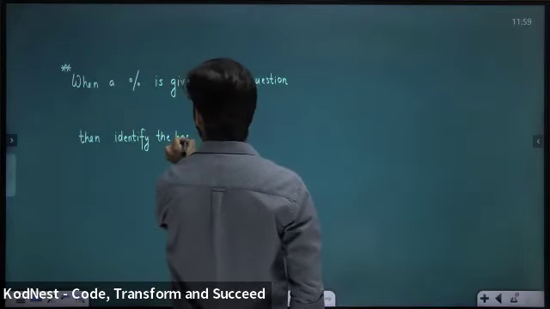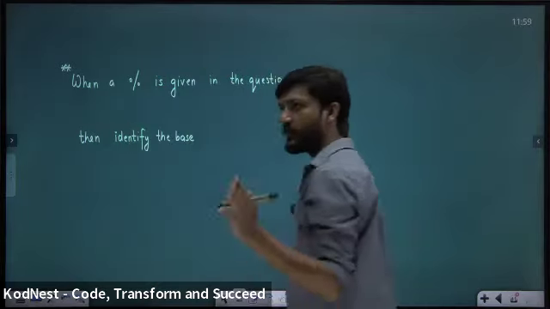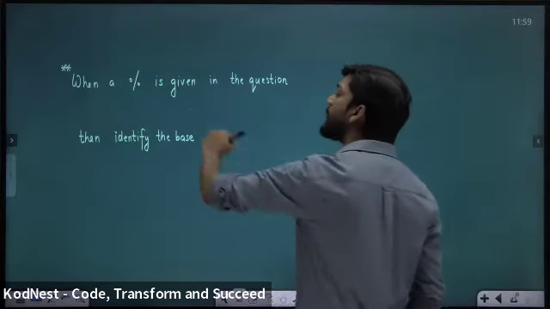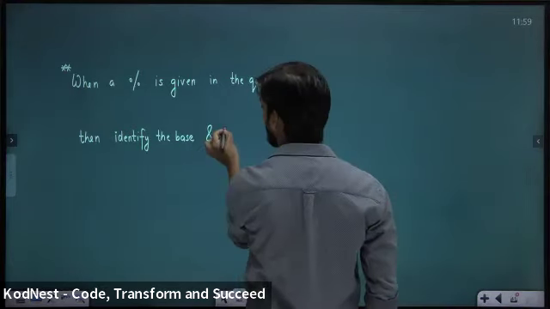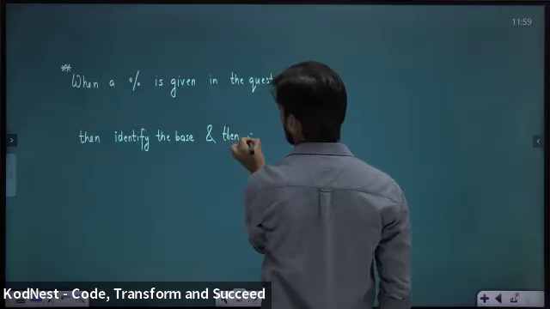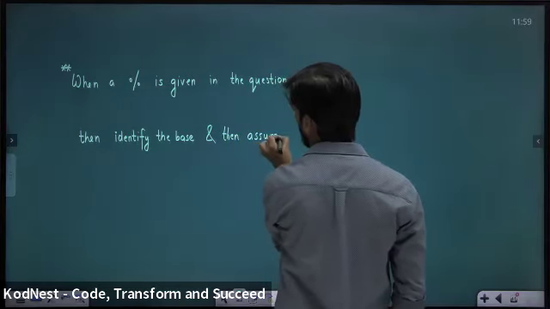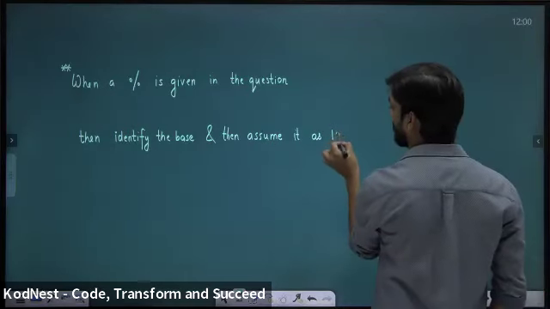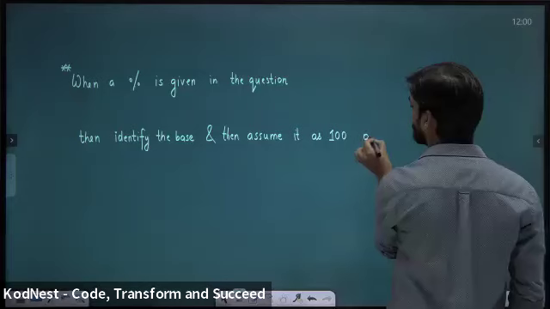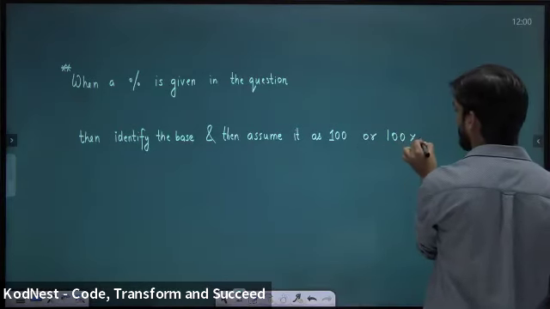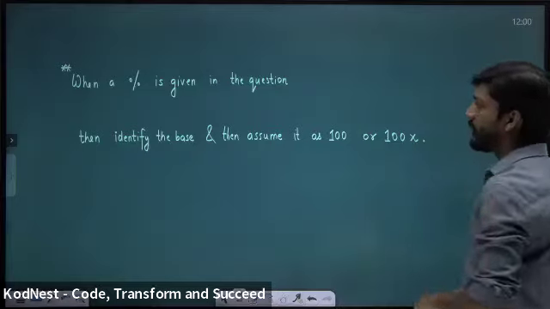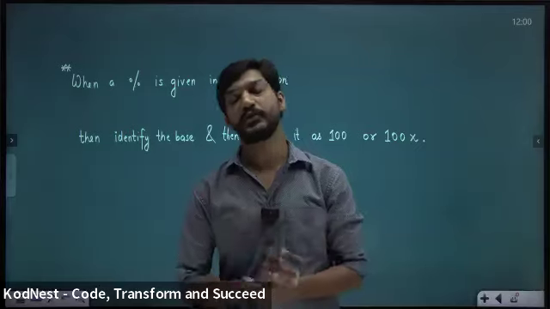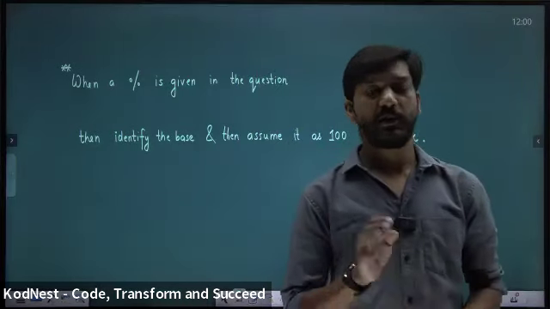I mean situation wise, whether it is profit loss situation, discount situation, or error situation, based on that identify what the base is, and then assume it as 100 or 100x. All right. So this is what we are going to do in nearly 90% of the questions. Okay. So please remember this.